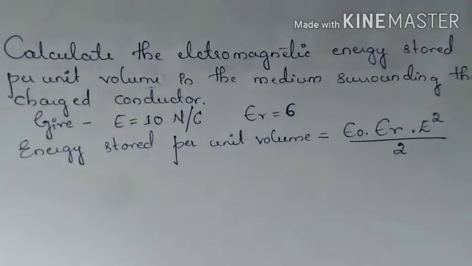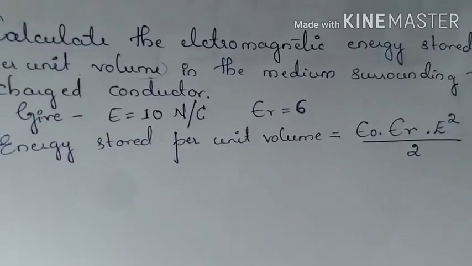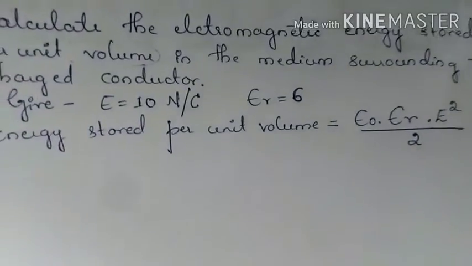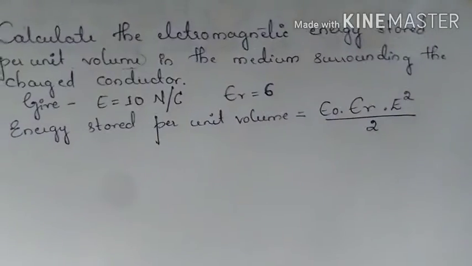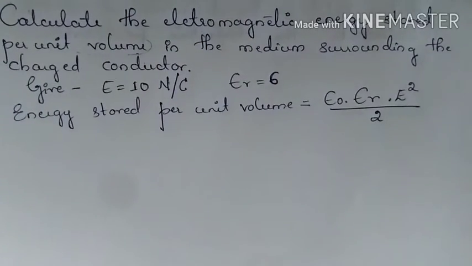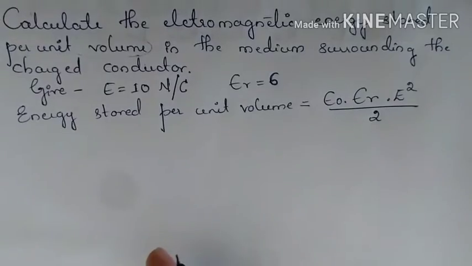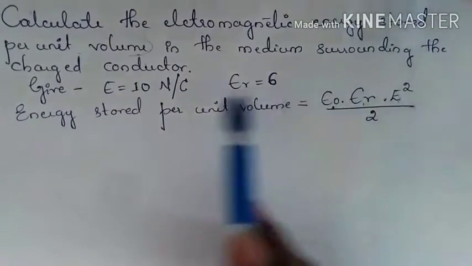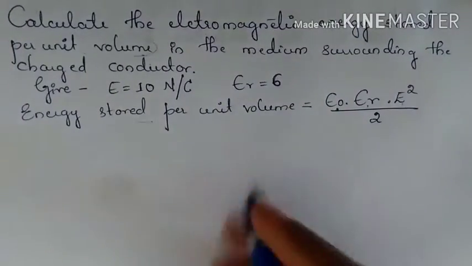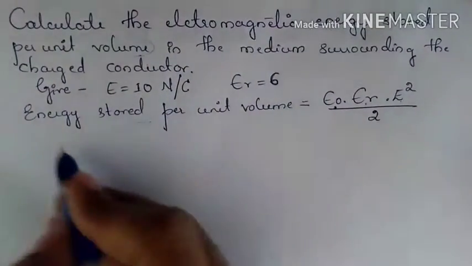So this is the energy stored per unit volume. Now substitute the values of epsilon naught, epsilon r, E square to find the energy contained in the medium.